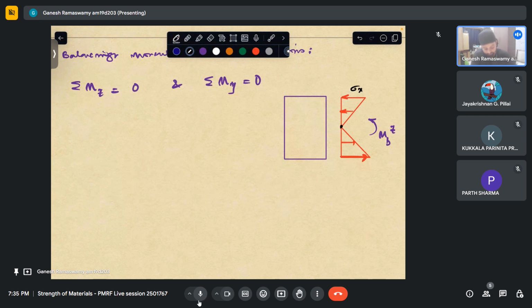So therefore, integrating plus mbz equaling 0.